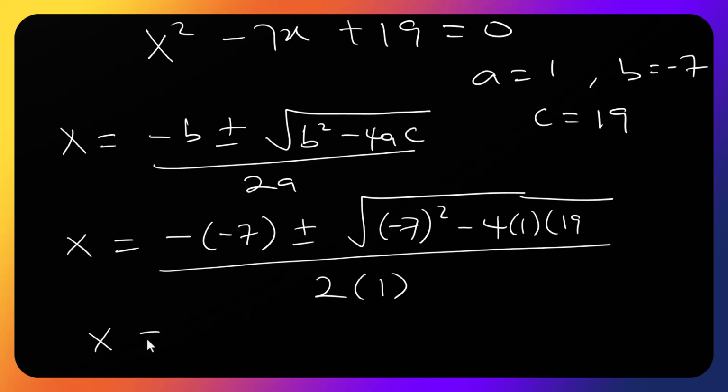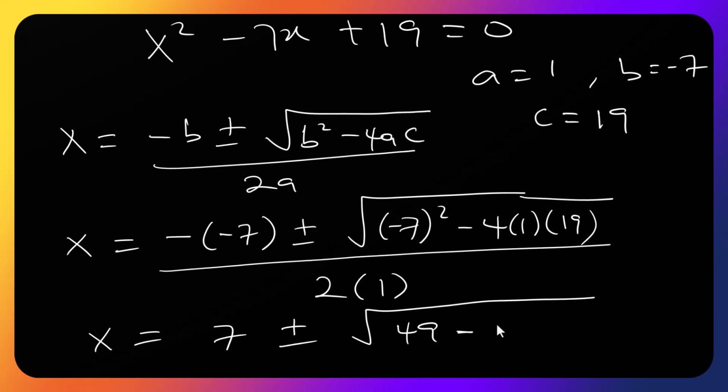So we have 7 plus or minus the square root of 49 minus, so 4 times 19 will be 76.